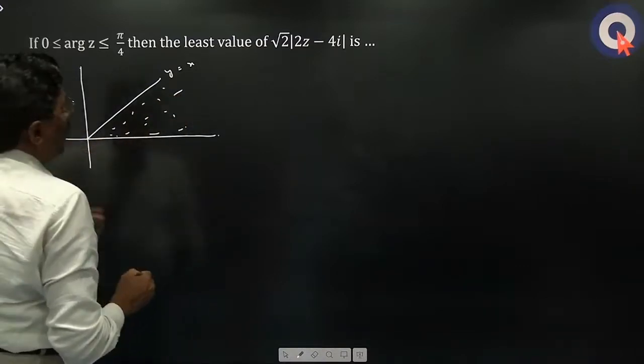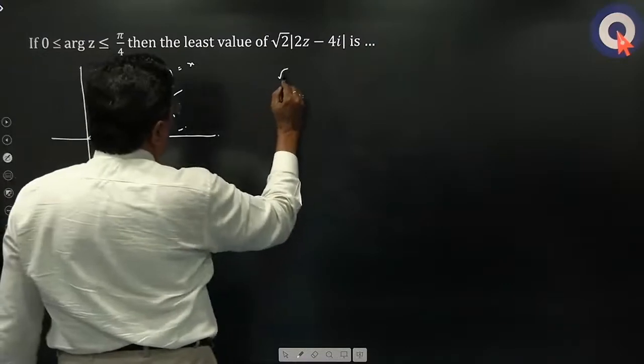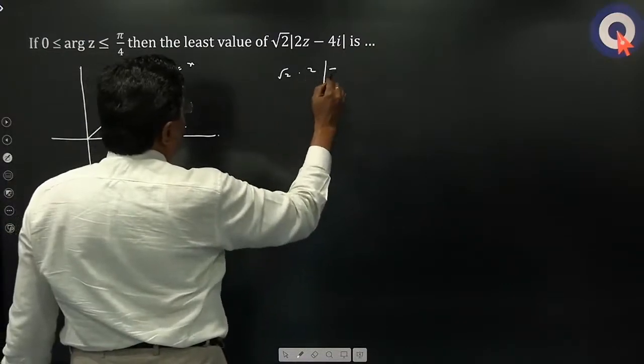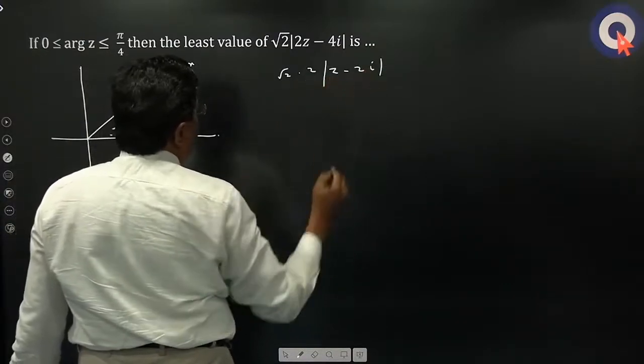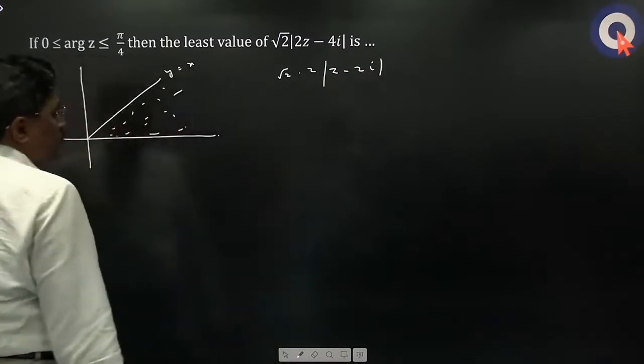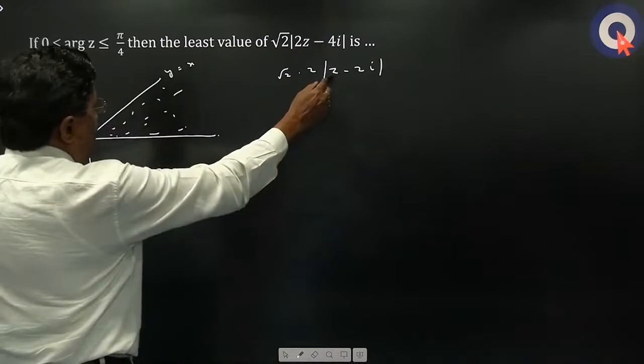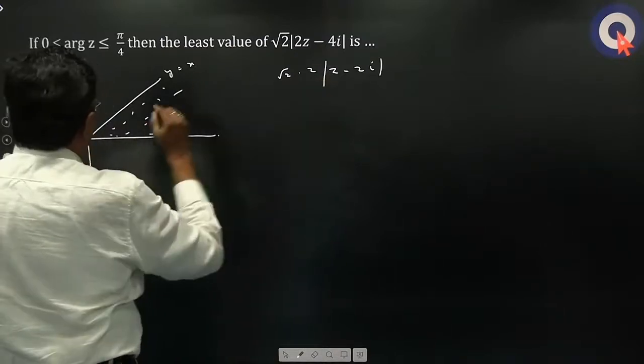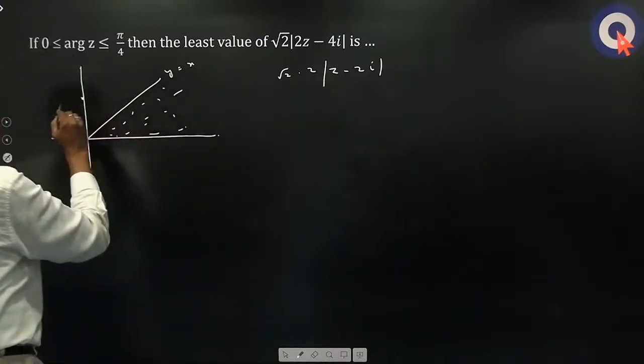Now this is root 2 pulled out, mod z minus 2i. All right. So what is this point here? 0, comma 2. So 0, comma 2 is here.